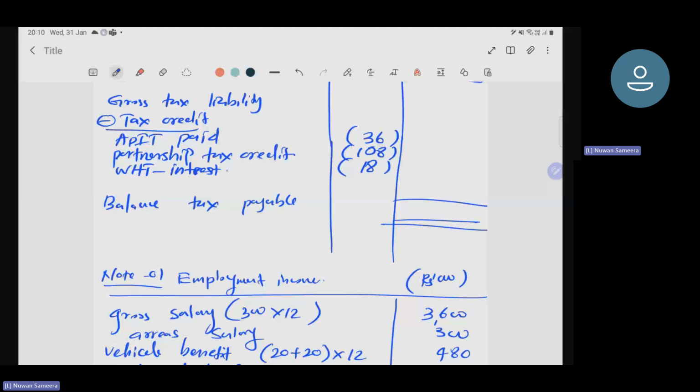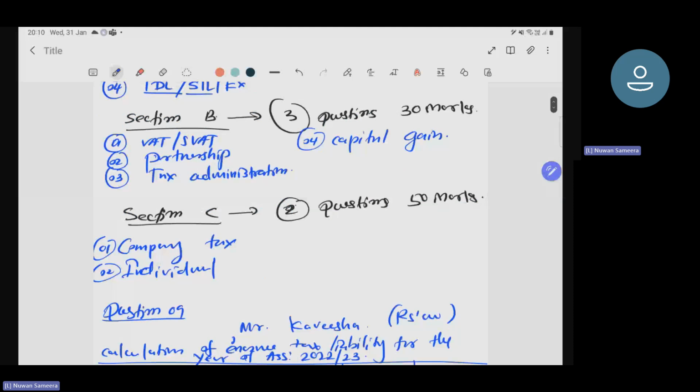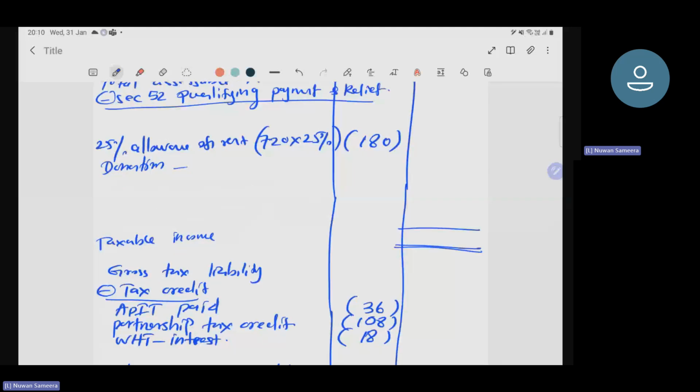Kavisha made some donation. So donation should come under section 52. Under the donation, if the donation is made to a government institute or whatever prescribed institute, what we have explained earlier. So donation to the COVID-19 fund, that is a government fund.